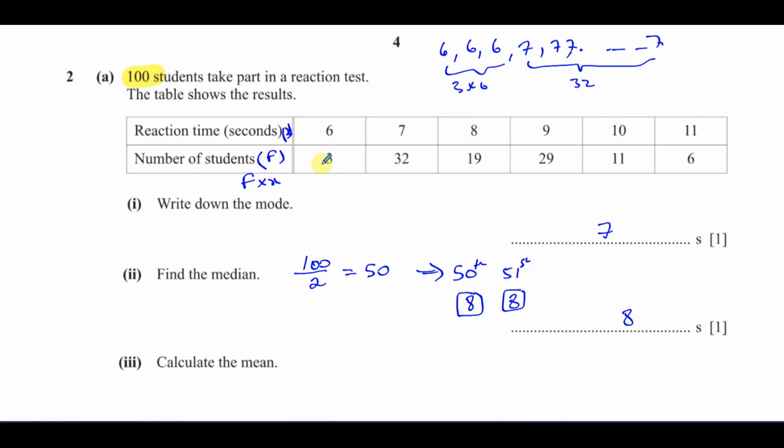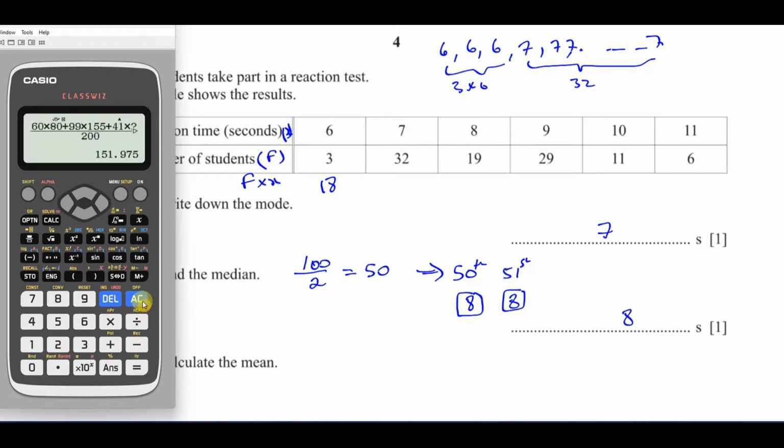We need to multiply the frequency, the number of students, by the reaction time. So we can say 3 students had a reaction time of 6. The total of those 3 6s is 18. 32 students had reaction times of 7. The sum of those 32 reaction times is 32 times 7, which gives us 224.